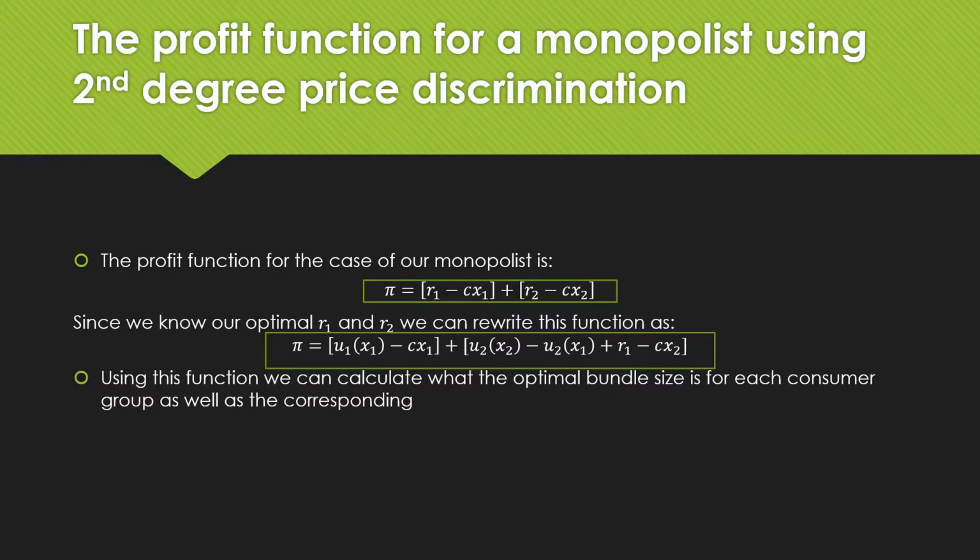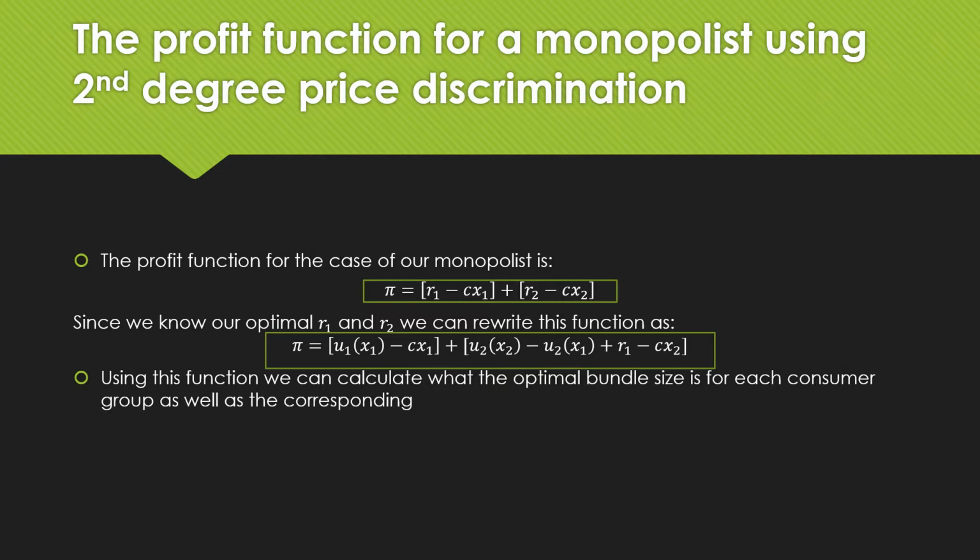So now that we've figured out what exactly R1 and R2 are, we can appropriately fill out the monopolist's profit function for solving this problem. For a general function for a monopolist using second degree price discrimination, we have pi equal to R1 minus c x1 plus R2 minus c x2, where we have a different bundle for each market.